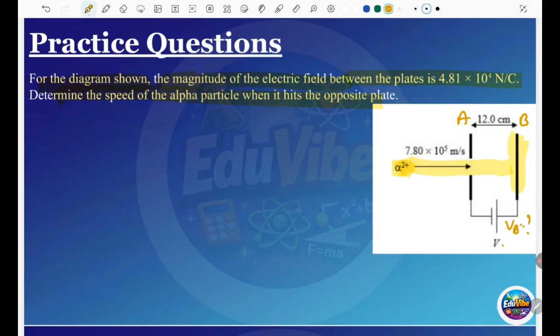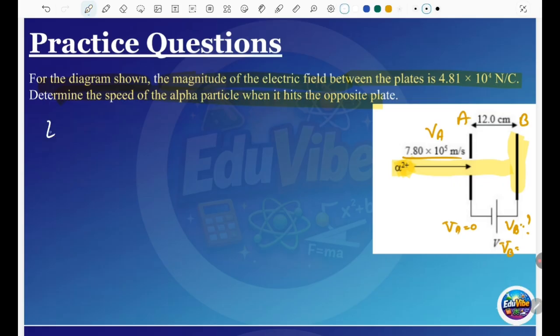And in that case, what is our voltage? At the starting point, our voltage is 0 because it starts from there. It enters from here with some initial speed, which is VA, but VB we have to find. How can we find it?